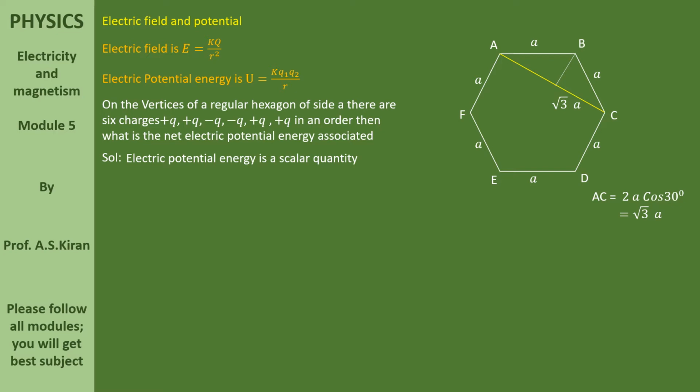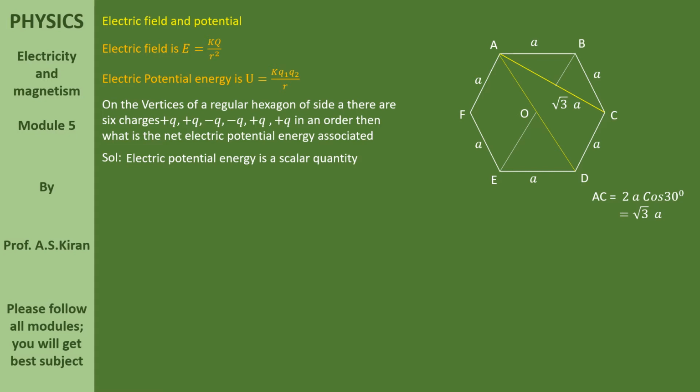Please remember. Now, similarly, we need one more length, the longest one. That is AD. To get that, join E and the midpoint of AD.